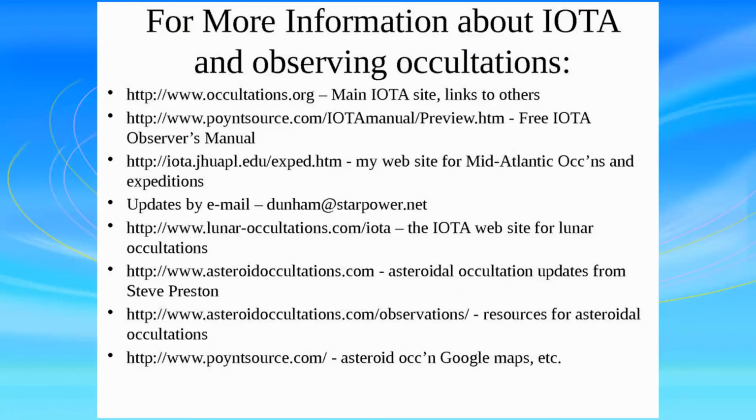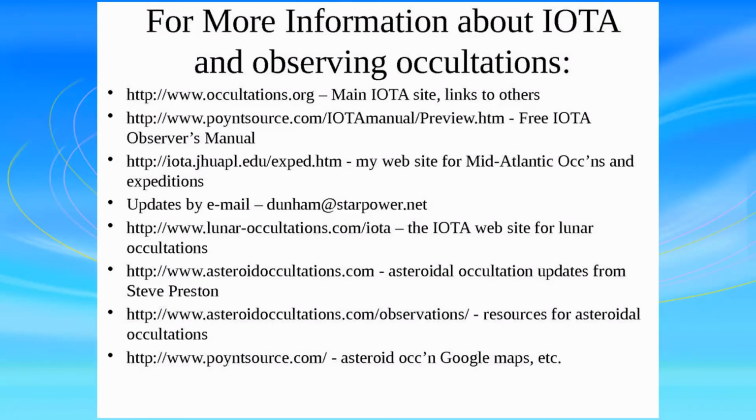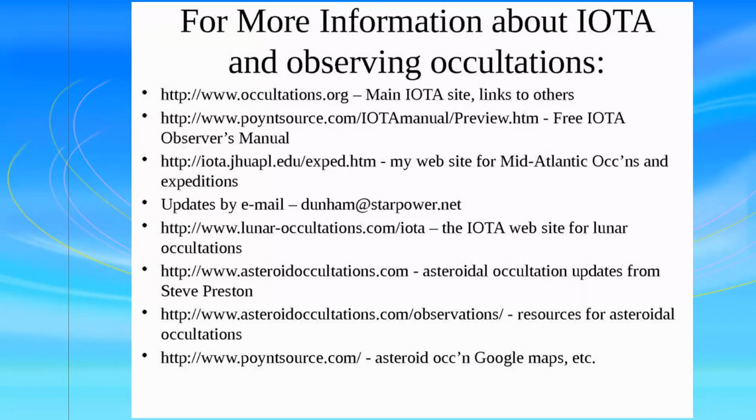Okay, this gives more information about the different sites. The main thing is to go to our main site, www.occultations.org, because it has links to all the others. The free IOTA manual is the next link, and I have a website for local expeditions, and then the IOTA site for lunar occultations by Rob Robinson, and Steve Preston's site for the asteroidal updates and resources for asteroid occultations.